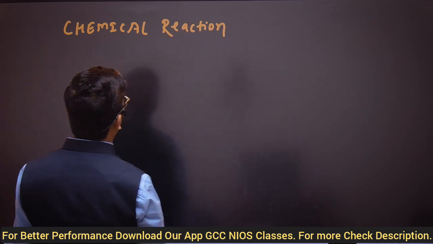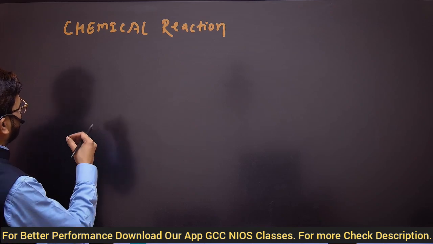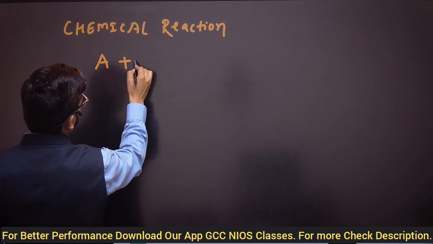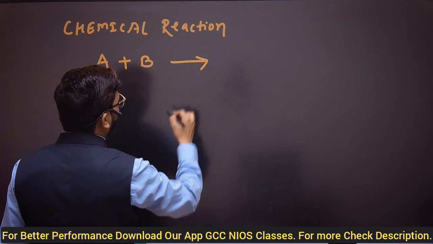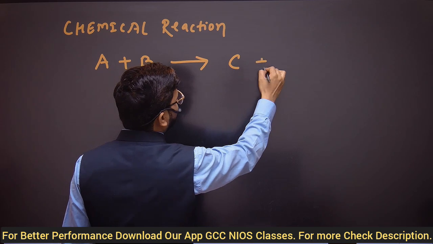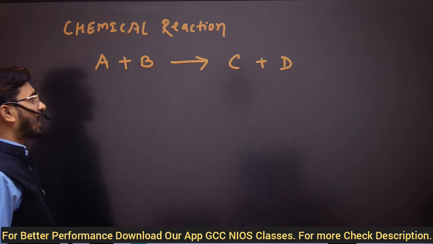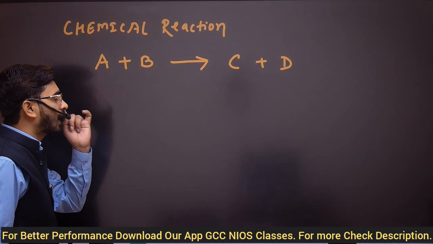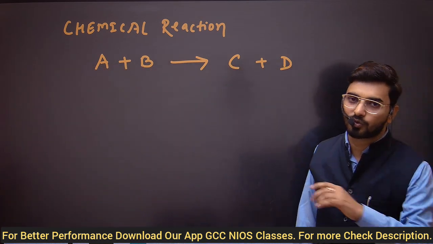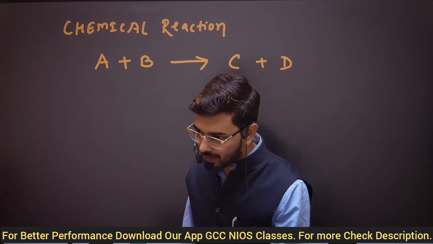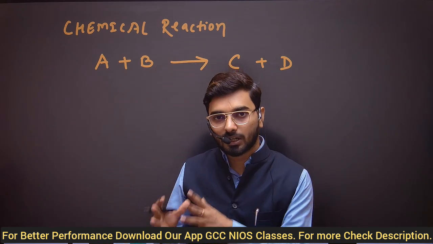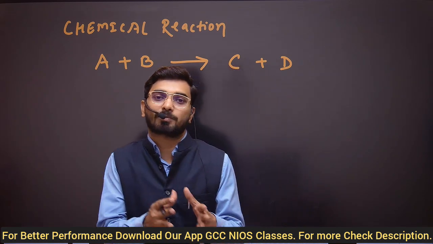So when we talk about a chemical reaction, if some substances like A plus B combine to make different substances like C plus D or something else, this type of phenomenon and process is known as a chemical reaction. There are many types of chemical reactions, many variants, depending on the structure, the molecular type, the cation, and the anion.